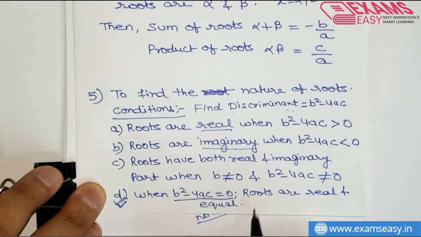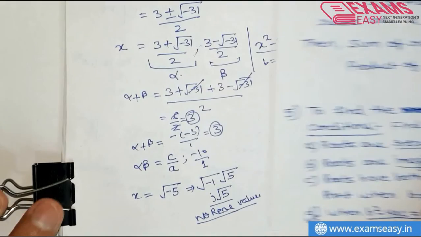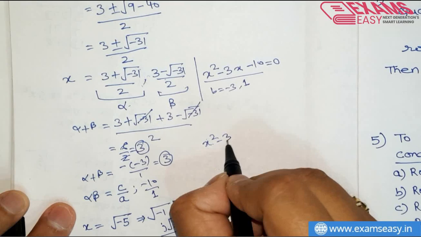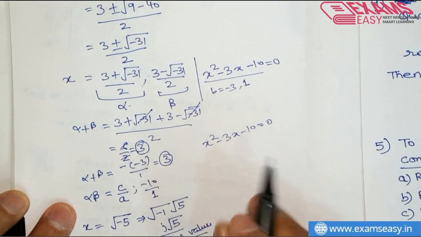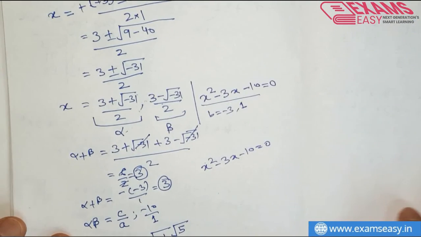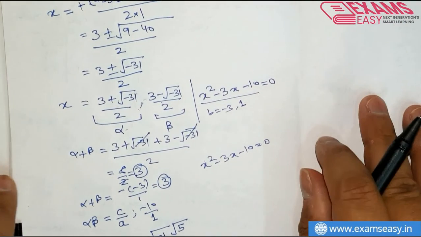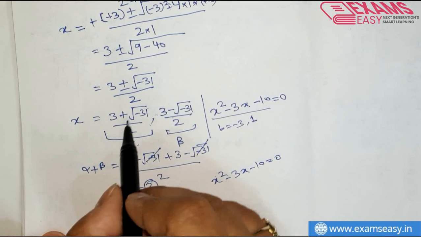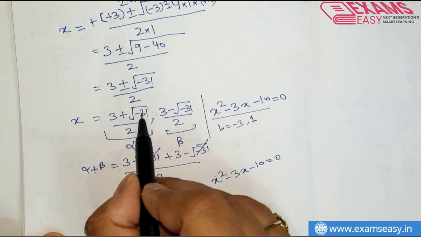Suppose you are given one equation, x square minus 3x minus 10, which we have already calculated, and you are asked to check whether the roots are real or imaginary. In this equation our roots were 3 plus under root minus 31.